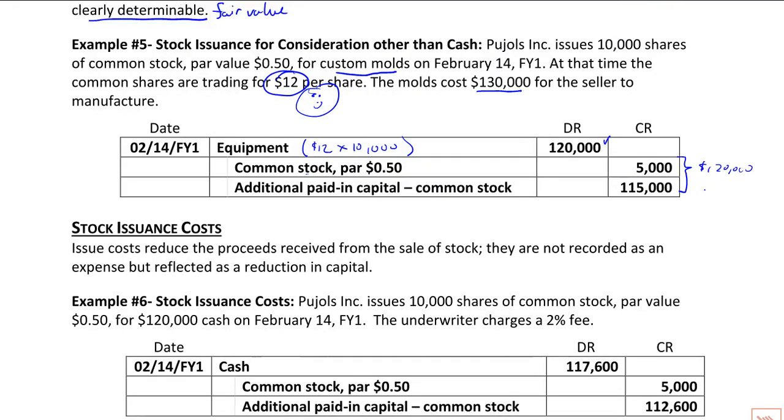All right, stock issuance costs. The main thing is it's not an expense. And generally, transactions between the owners and the corporation don't result in gains and losses and revenues and expenses. They're just reductions in stockholders' equity.